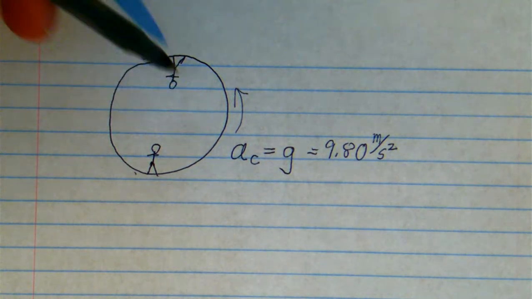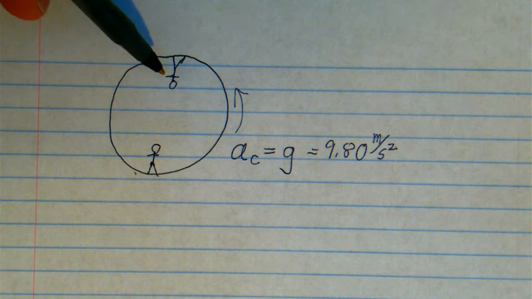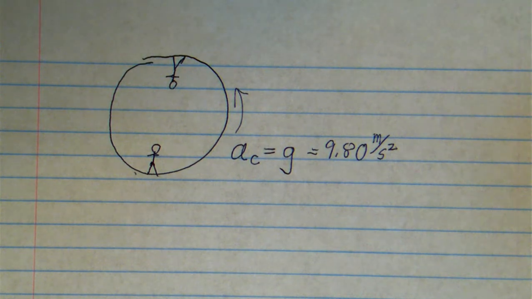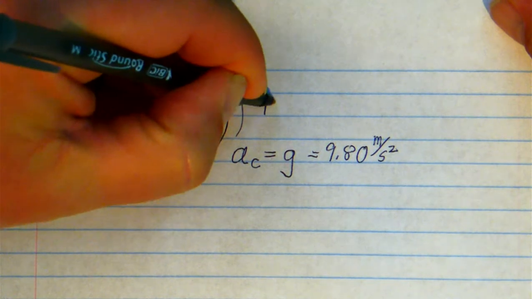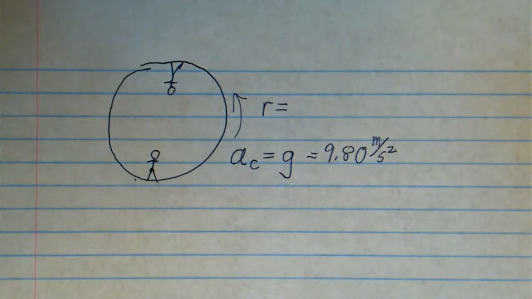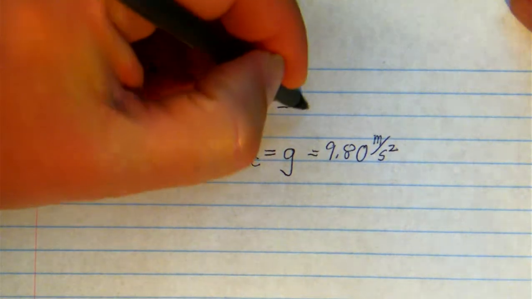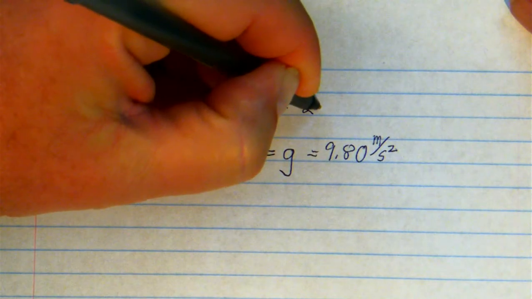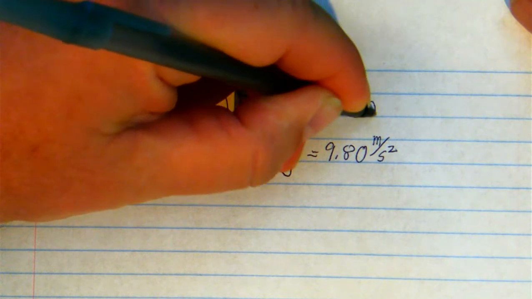The faster you spin, the smaller the radius has to be. So let's pick a foolish number. Let's say I'm hoping to have a space station whose radius is, well, let's make it 225 meters.